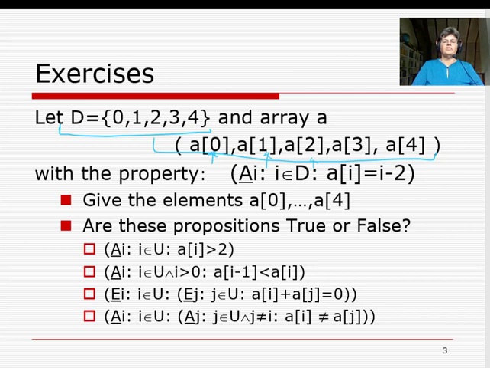Okay, then they have given us a property, and we just have to assume that this is true. So this proposition is given as a truth, that for all elements, and we talk about the elements with the symbolic name i, this i comes from the domain 0 until and including 4, and they tell us that A[i], so the corresponding value from the index, equals the index itself minus 2.